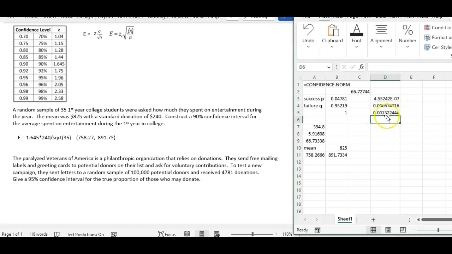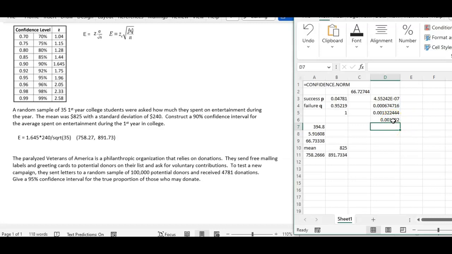And this is my margin of error, 0.001322444. We'll just round that to 0.001322. So that is my margin of error.